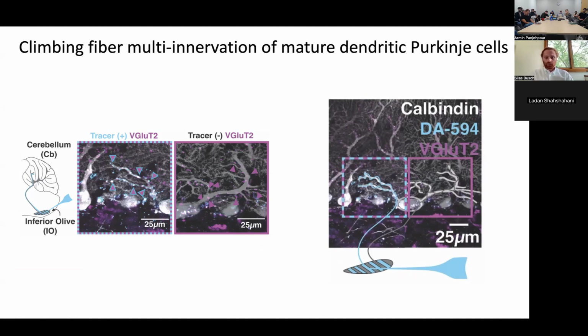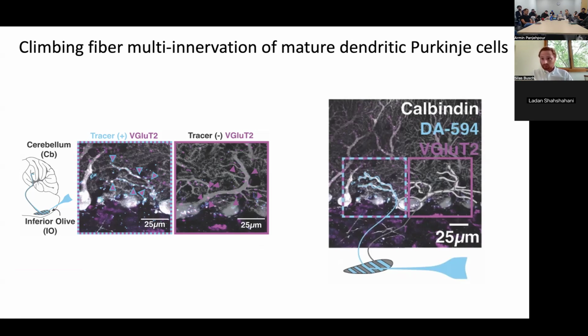So the long-standing dogma in the field is that a single Purkinje cell in the adult animal, after this pruning process is done, receives only one climbing fiber input. So there was some evidence, you can find hints of this in the literature, that there might be some multi-innervation in adults.